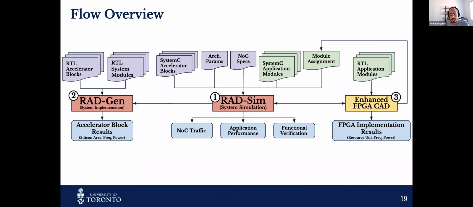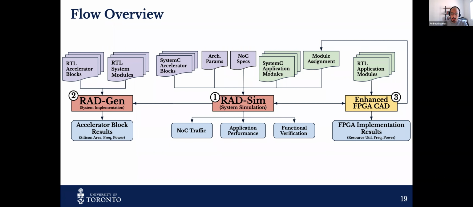And on the other side, it takes the application modules that are supposed to be implemented on the FPGA fabric, pushes them through an enhanced FPGA CAD tool, and gives you the implementation result for that. You can think of this enhanced FPGA CAD tool as the CAD tool that does the classic placement and routing of those application modules, but also does the network on chip placement, deciding where to place those application modules relative to the NoC.